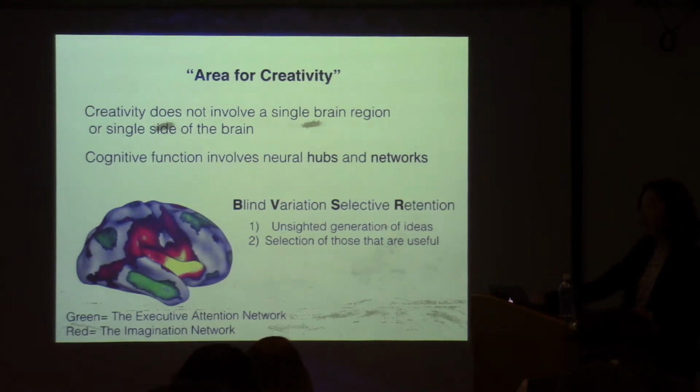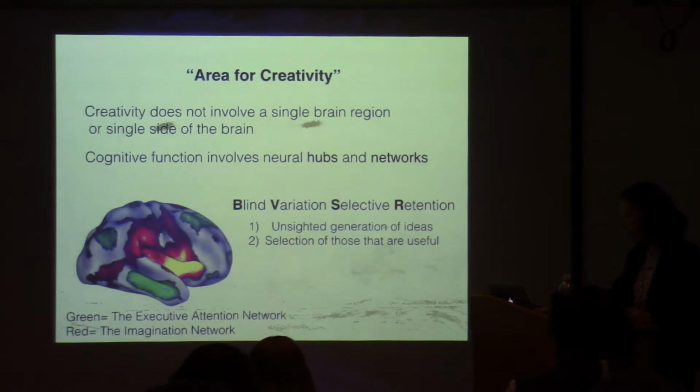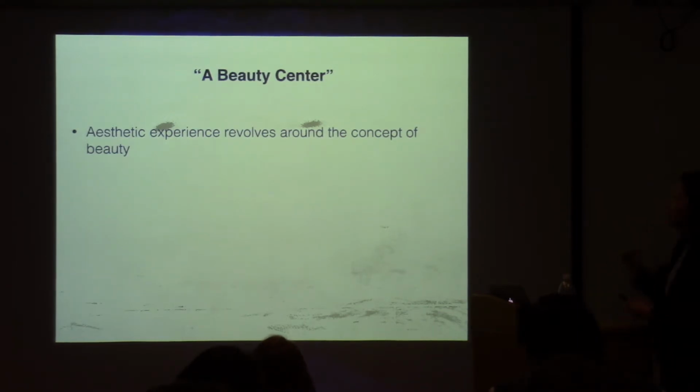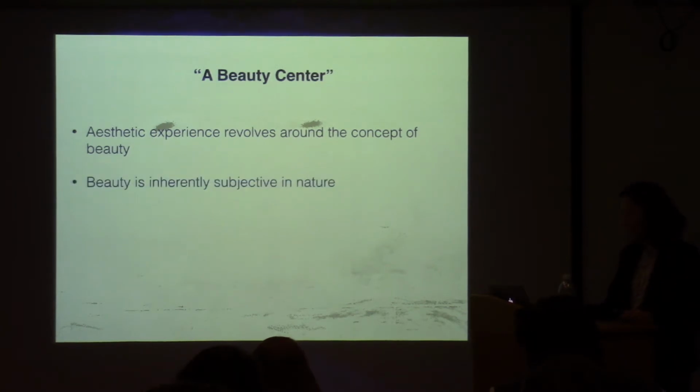But let's leave creativity for a few moments and focus on aesthetics. For aesthetics, I want to talk about the concept of beauty a little bit, because aesthetic experience revolves around the concept of beauty. And one of the tough things about studying beauty as a subject matter, especially in science, is that beauty is inherently subjective in nature.